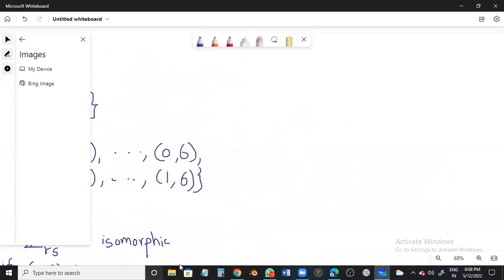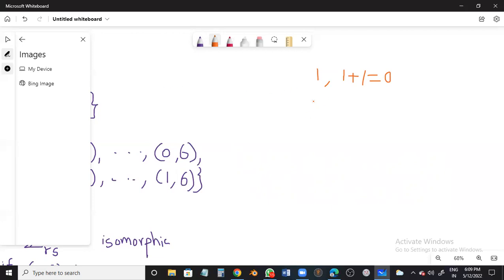Every element in Z2 I can write using 1. Element 1 itself is 1. 0 I can write as 1 plus 1. 1 plus 1 is 0 in Z2. So yes, you can say this group is generated by 1.